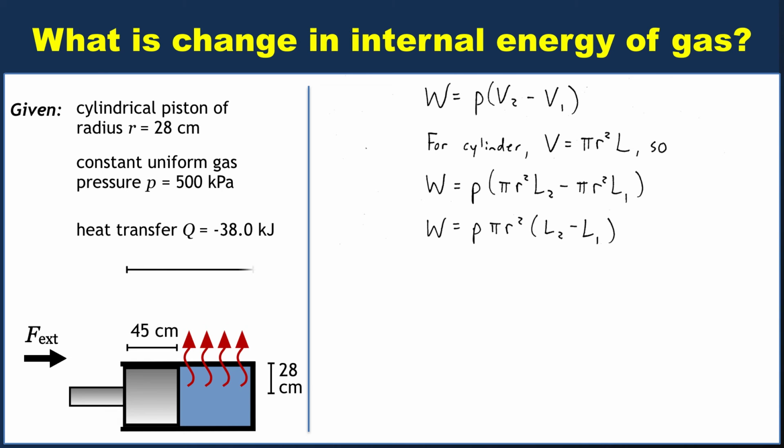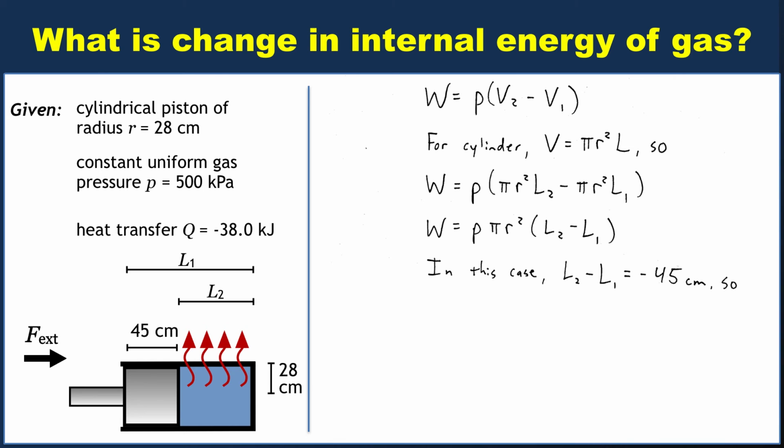So L1 would correspond to this length over here, the full length before we started compressing the piston. L2 is the shorter length here after it has been compressed by 45 centimeters. Looking at this, it's clear that L2 minus L1 has to be a negative number because L2 is a positive value, but it's smaller than L1. L2 minus L1 has to be negative, and their difference is minus 45 centimeters.